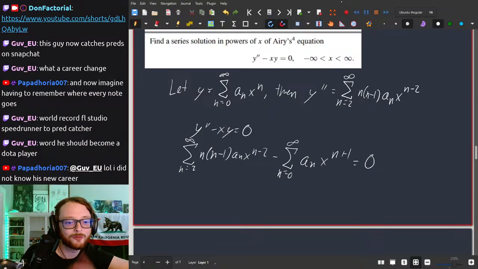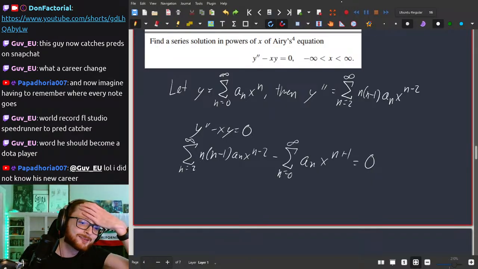I think the goal with this is we want to get the indexes to match so we can get them in one summation. So we can either take the first few terms of this and separate them out, but I think you prefer to turn time back here. Okay, I remember how this works, because I usually get this wrong.